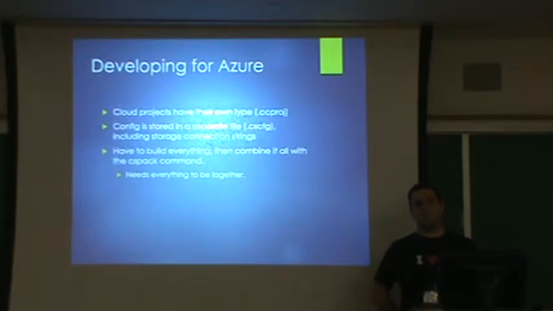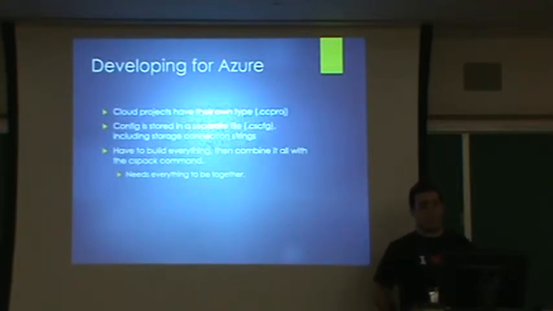I don't know how many people are very familiar with Visual Studio's project structure, but each project has a project definition file, which is an XML file listing all of the files in the project that need to be compiled, all of the dependencies, and any external tasks that you need to run. Cloud projects have their own project type, which is a CC proj. Something in there probably stands for cloud, I'm not really sure.